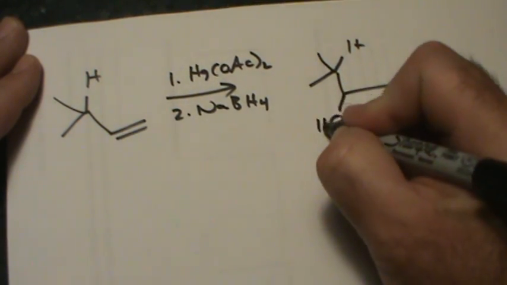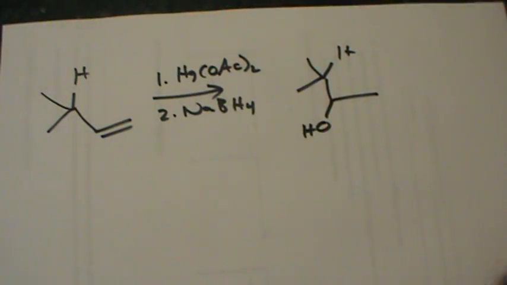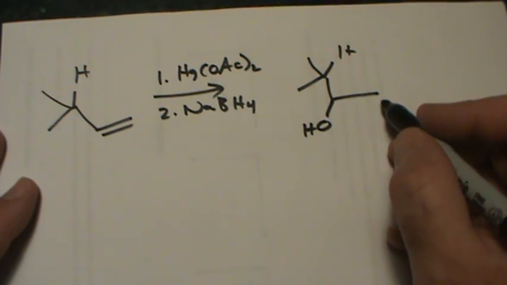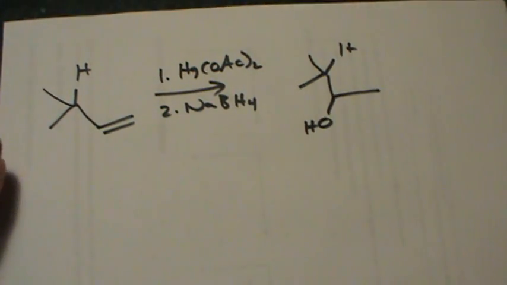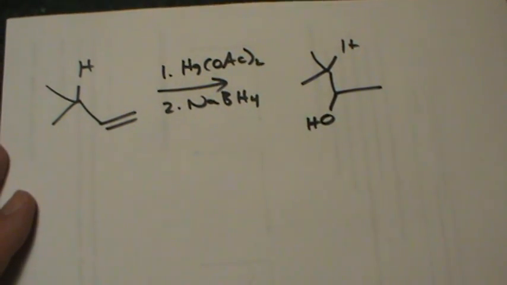So in this particular case, we're talking about this product where we've added hydrogen across the less substituted carbon and OH across the more highly substituted carbon, but with no rearrangement.